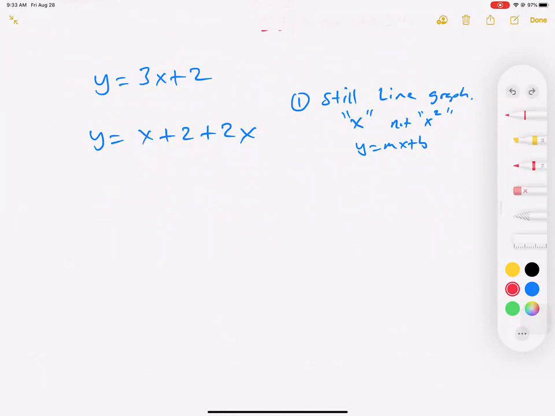And if you learn your terms for associative property and commutative property, we can add and subtract in different orders. In this case, we can add our x's together. So x plus 2x plus 2, rewriting the order. So it's 3x plus 2, which gives us the exact same graph that we had before.